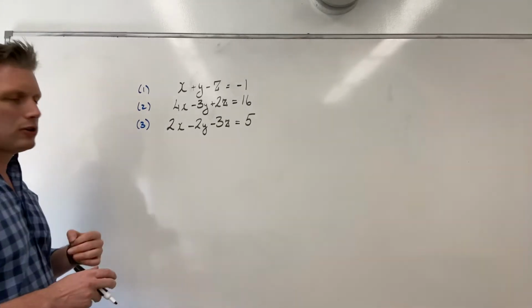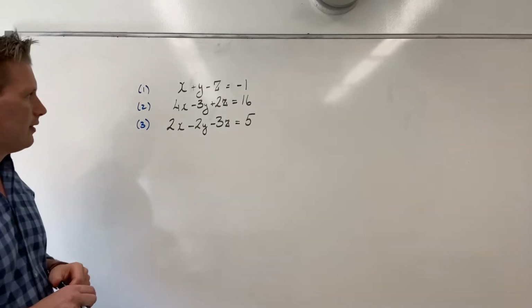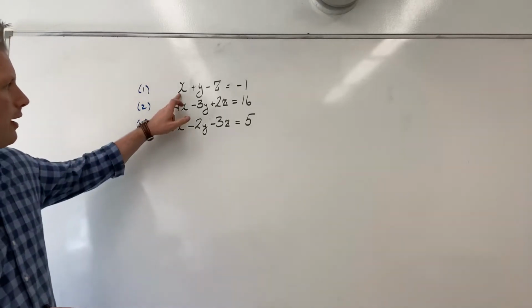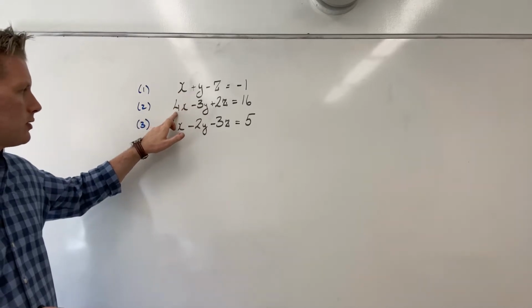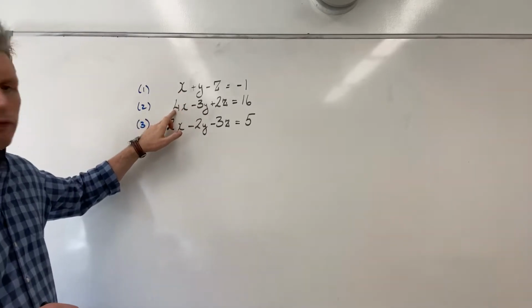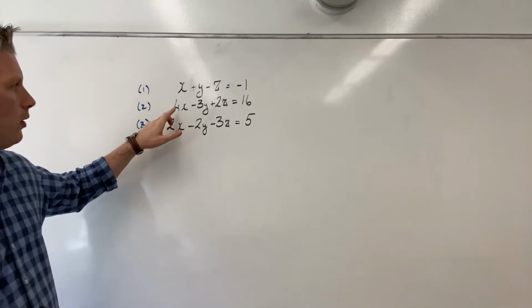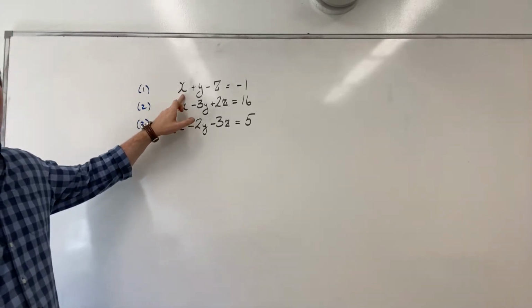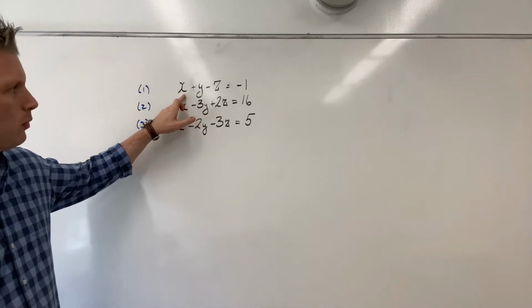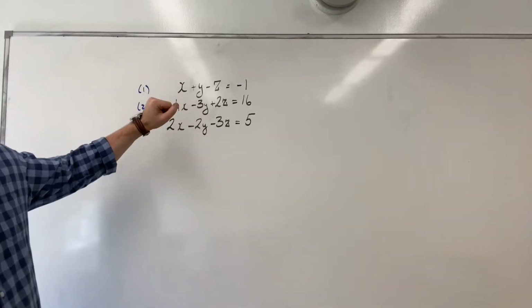So, if I wanted to cancel the x's, well, notice here I have 1x in equation number 1, and in equation number 2 I have 4x. In order for those to cancel, I want this x here to also be 4x, or minus 4x, that would also work.